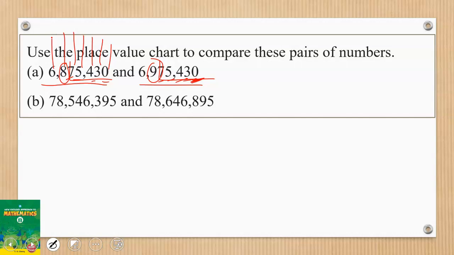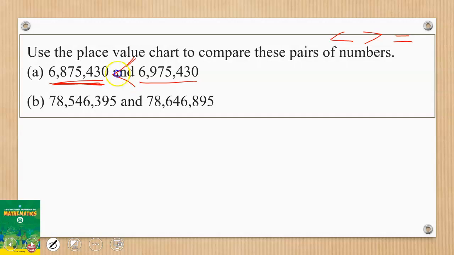Have you seen it? If you look at the 8 here and the 9 here, that means the 9 is bigger. So this number is bigger than that number. Which symbol would we use? Less than, greater than, or equal to? Between these, we can say 6,875,430 is less than 6,975,430.